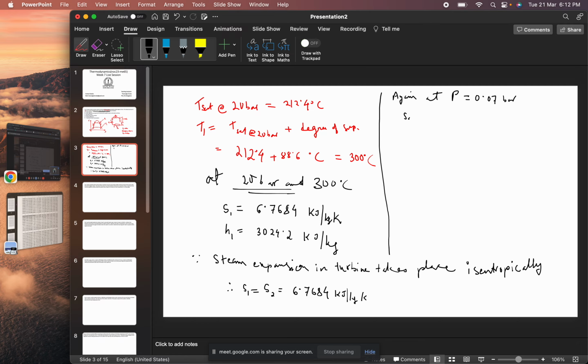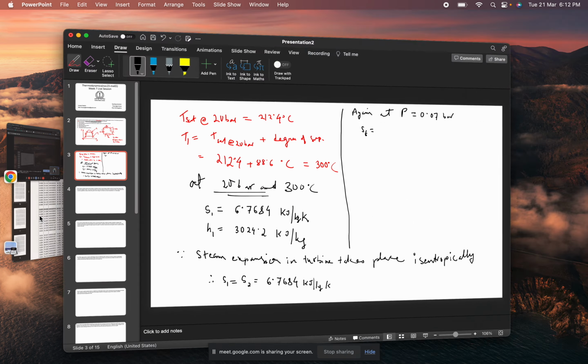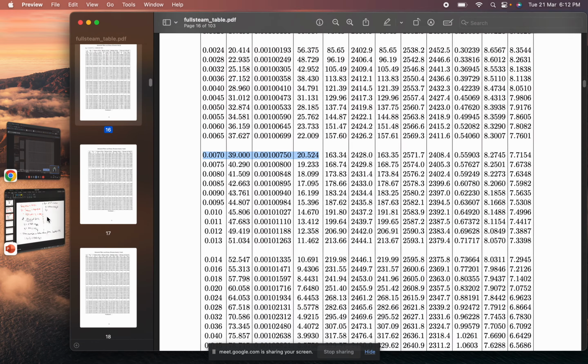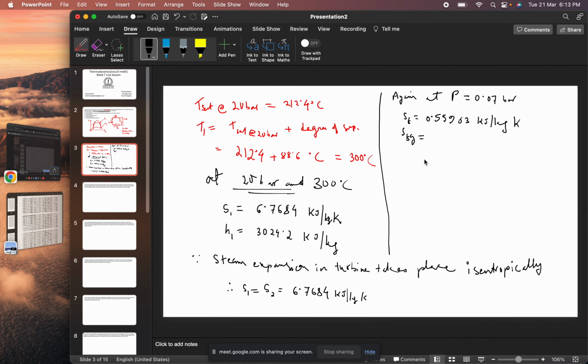my SF is 0.55903 kilojoule per kg Kelvin, and my SFG is 7.7154 kilojoule per kg Kelvin.